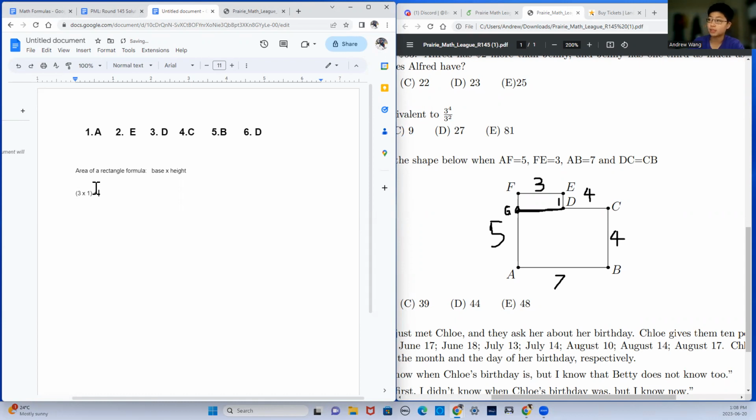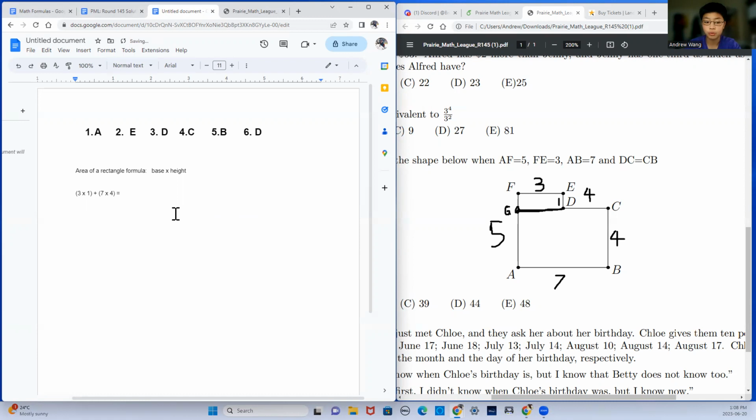But that's not the area of this entire figure because there's another rectangle, which is the bigger rectangle with the vertices G, C, A, and B. And for the bigger rectangle, the base is 7 times the height, which is 4. And we have the entire area of this figure. So now we solve this.